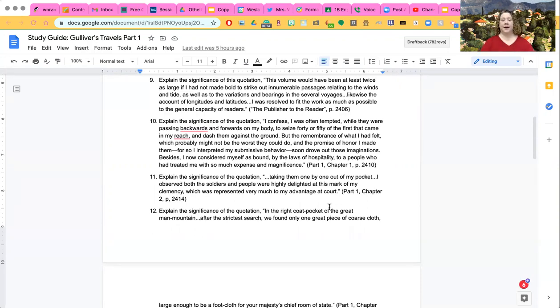So he's talking here about the scene when he acts like he's going to eat one of them, and instead he puts them in his pocket and eventually releases them. And so clemency is like freedom, or giving somebody their freedom. And of course they tie him down at first because they're fearful of his size and his power, compared to their size and power in their little houses.